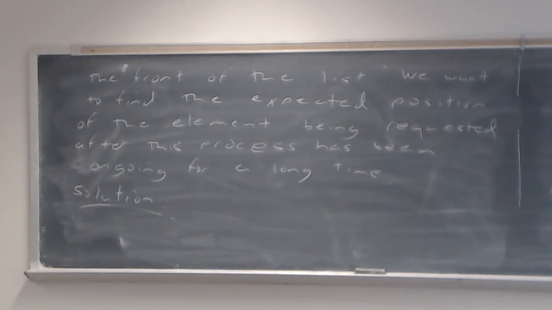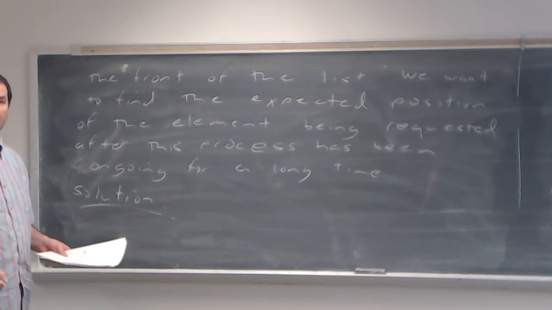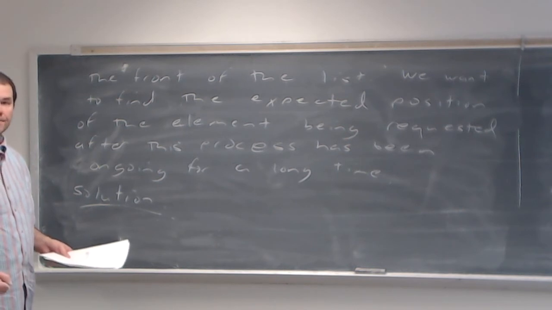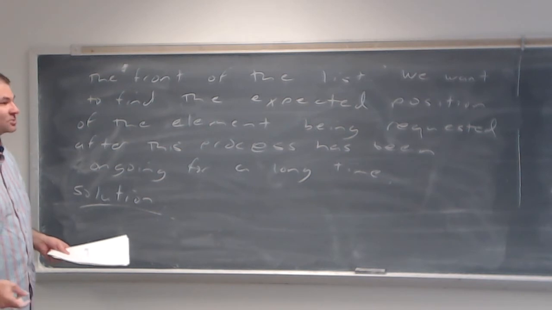Okay, and so the question is what's the expected position of where the next one's being requested? Where would it be? So we don't know which one's being requested. We don't know what position it's going to be in.